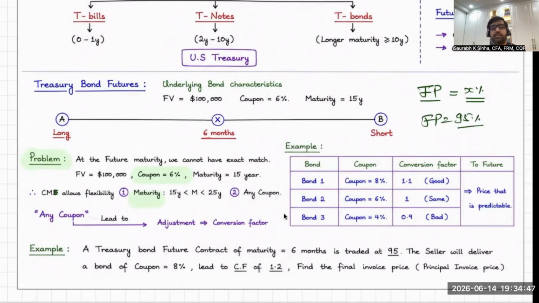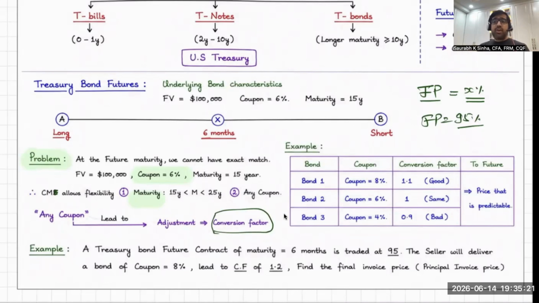That was fixed. And now B can deliver any bond. Is it fair? We can observe that this is not fair because the seller will try to deliver a cheap bond, and that's why it is called the cheapest to deliver bond, a cheap bond, a bad bond, or a bond of their own preference. Then we have to apply an adjustment to this future price. That adjustment is called the conversion factor.